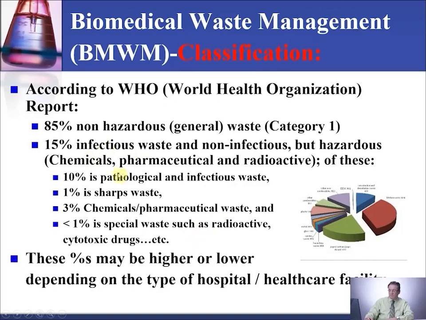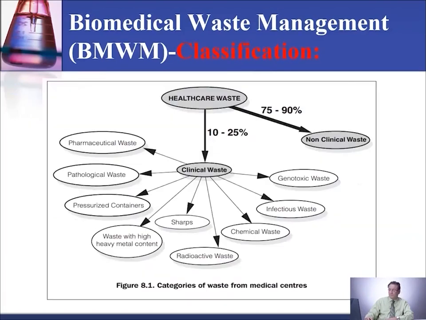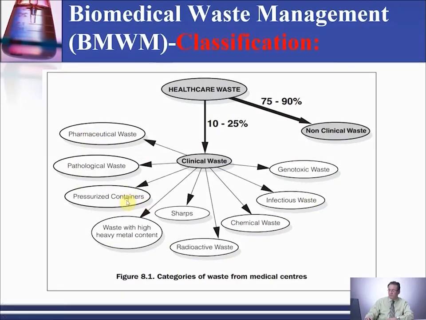However, this percentage may be higher or lower depending on the type of hospital or healthcare facility and even the country. So as you can see, this is the healthcare waste: 75 to 90% non-infectious waste and 10 to 25% clinical waste, which includes all these categories.